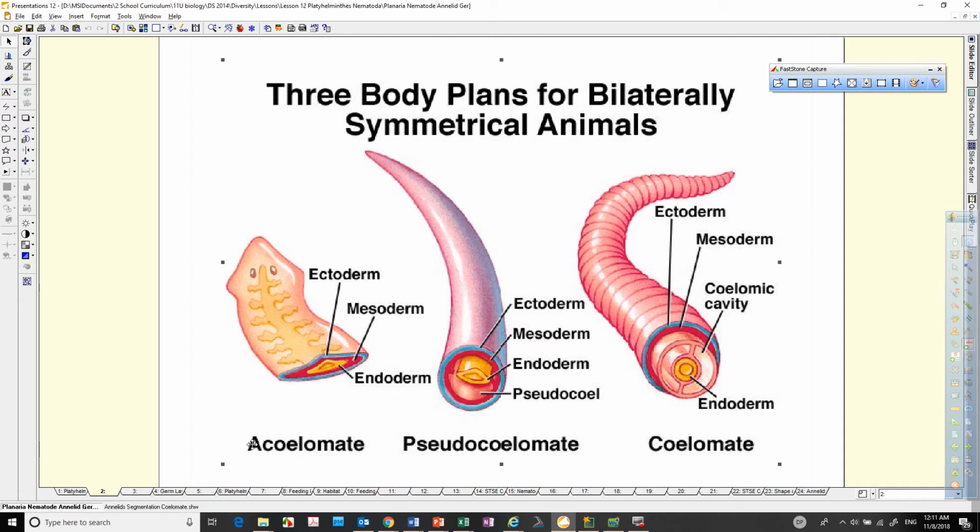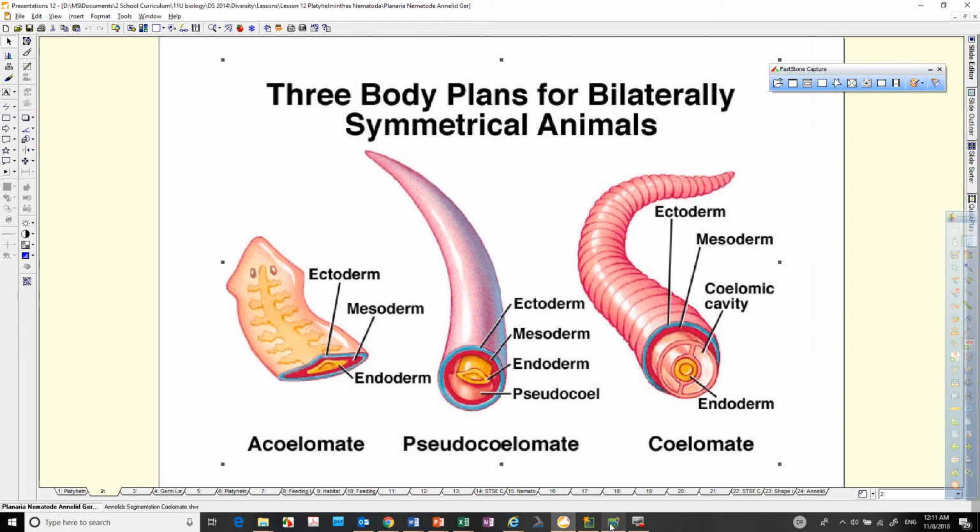We know that when we put the letter A in front of a word, it means the opposite. So asymmetrical versus symmetrical would be a good example. So body cavity, coelomate, acoelomate means no body cavity. And pseudo, we know from pseudopod and pseudonym means false, or false body cavity.